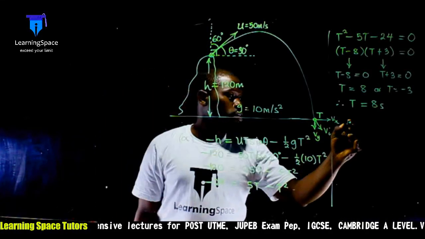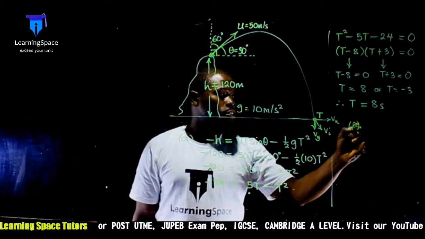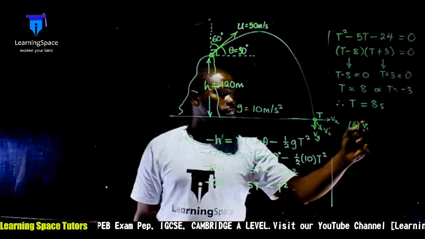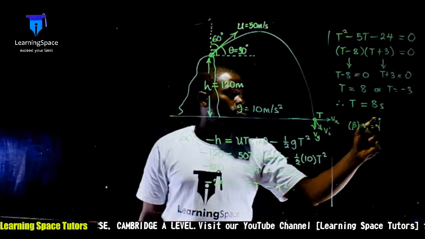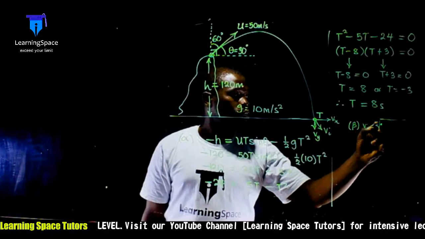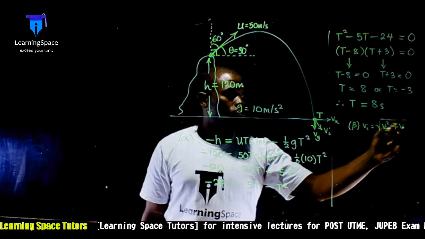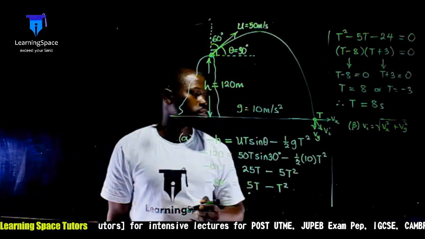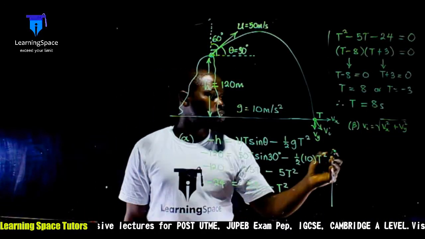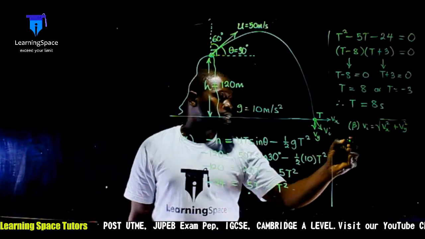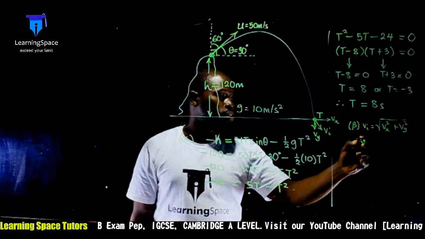The velocity at impact is the square root of Vx squared plus Vy squared. So what is our Vx?